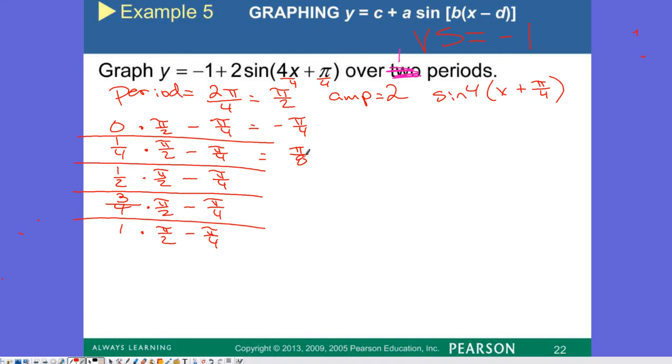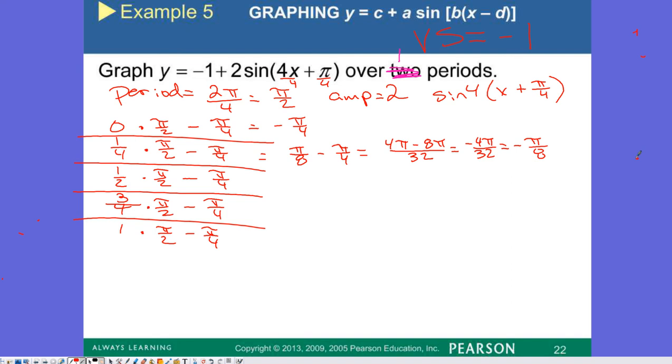Pi over 8 minus pi over 4 gives me pi over 8 minus 2 pi over 8, so I get negative pi over 8. There we go.